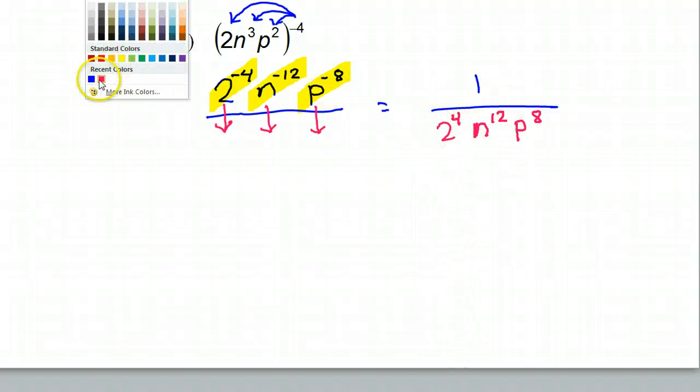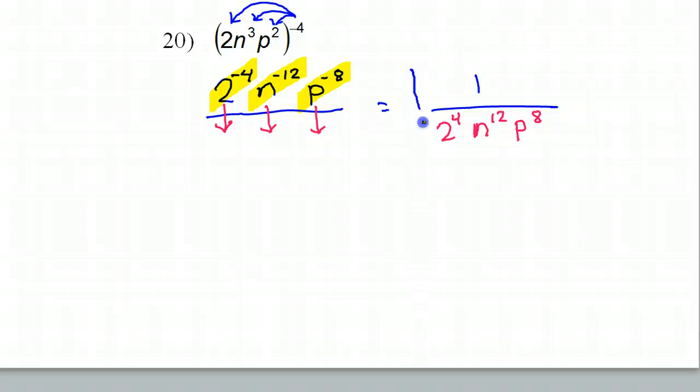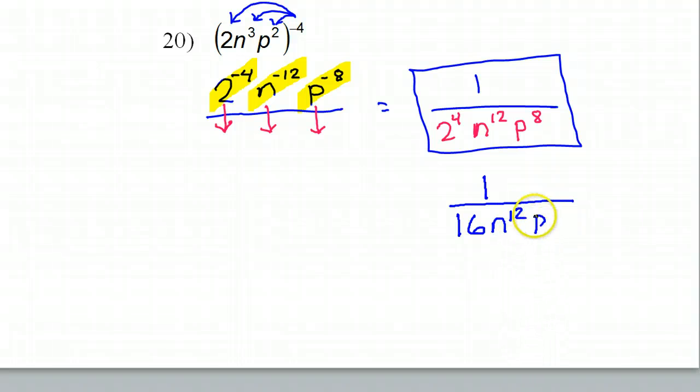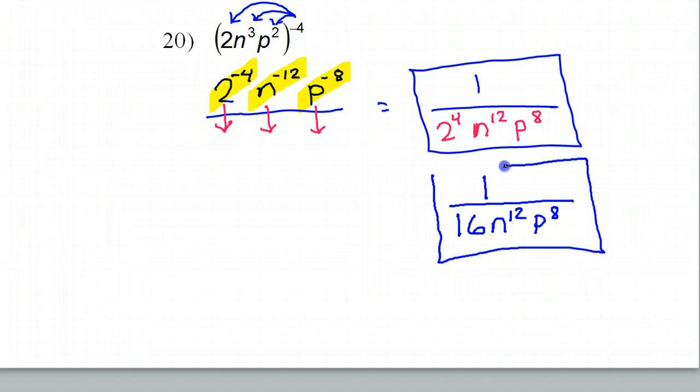So it's fine if you want to leave this as 1 over 2 to the 4th power, n to the 12th power, p to the 8th power. Now I happen to remember that 2 to the 4th power is 16. So if you chose to put 16, that's fine, but you're allowed to leave it as 2 to the 4th power. And that is the last problem.